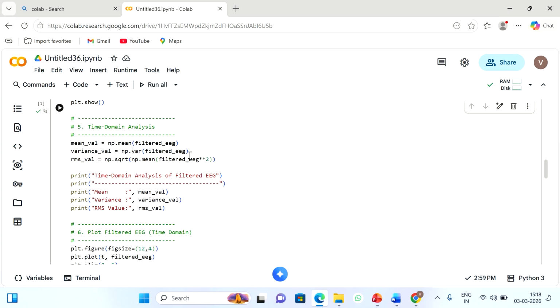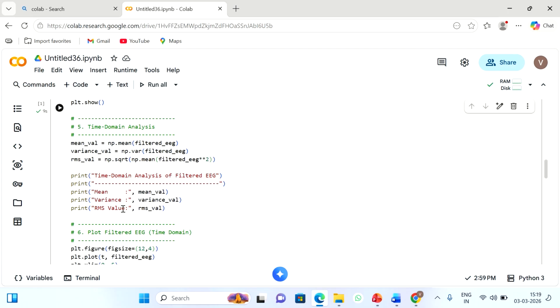So it is the mean value. If the RMS value is higher, then it indicates that the signal is stronger, so finally we will get stronger neural oscillations.